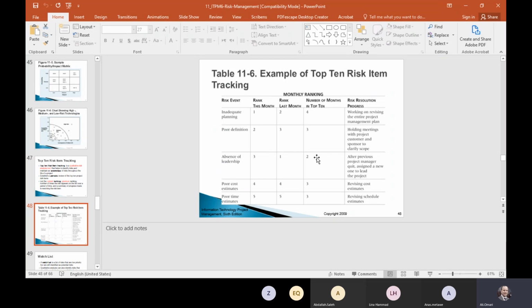Example of a document, how you do top 10 risk item tracking.